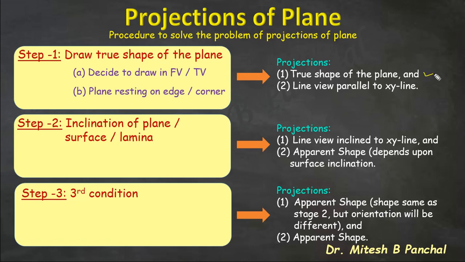So if you summarize all these three steps, then the first step is the true shape. Okay, when we get the true shape correct, then we will get the line view parallel to xy. Whatever line view we are getting in the first step, that we have to incline with xy as per the surface inclination. Okay, so line view of the first step we will utilize to obtain the second step. Consider the inclination of line view in second step, then we will get the apparent shape, and that depends upon the inclination of surface.